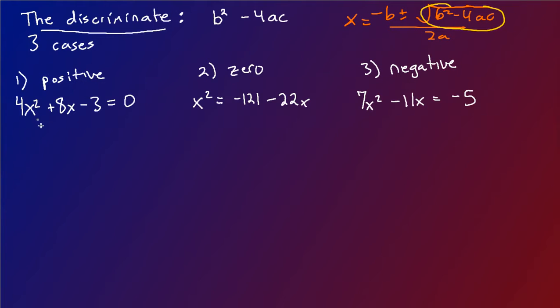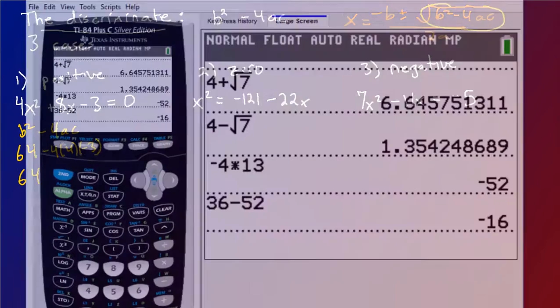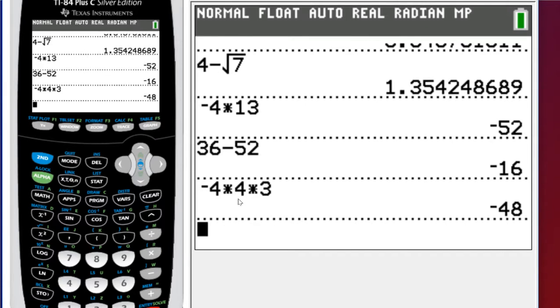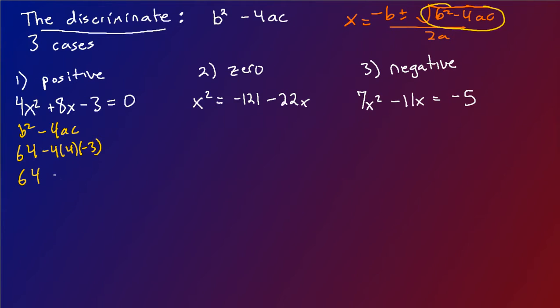If that's positive, so if I find the discriminant here, b squared minus 4ac, so that's 64 minus 4 times negative 3. So I have 64, and then let's go ahead and do negative 4 times 3. I get minus 48.